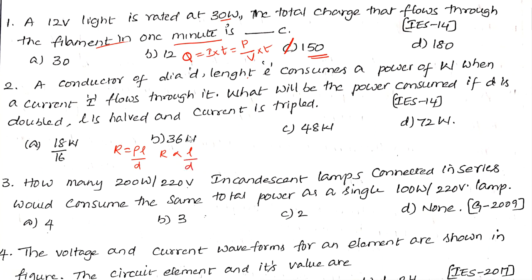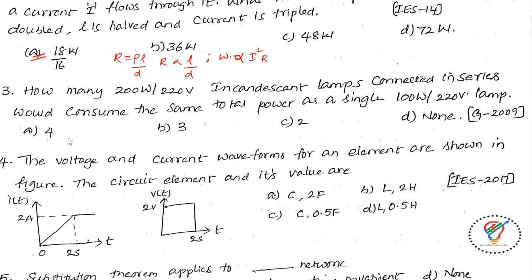Understand? And one more thing, we need to find the power, which is proportional to I square into R. Just apply these two equations and you will get the answer as 18 by 16 watts. Try it yourself.